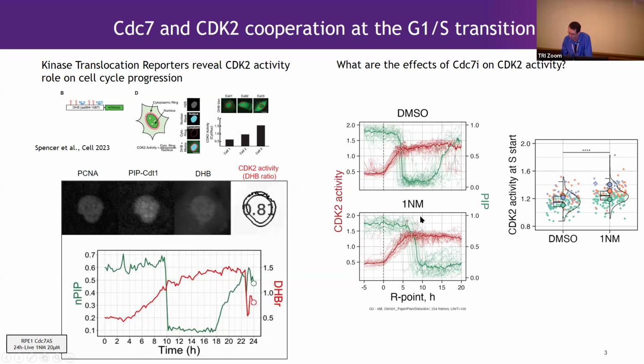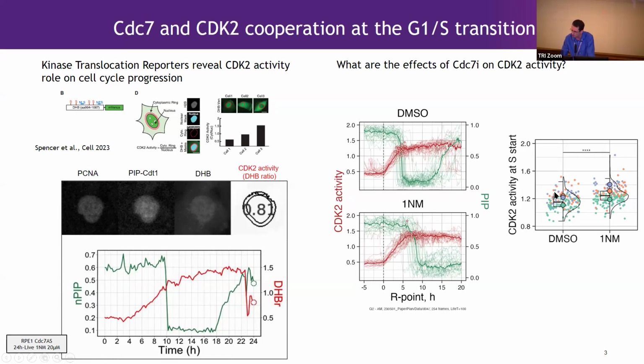When we inhibit CDC7, at that stage cells still don't enter the S phase. They have to reach a new threshold of activity. They have to work harder to get to an activity level at which they enter S phase. What we can do is take these cells and evaluate CDK2 activity at the entry of S phase.